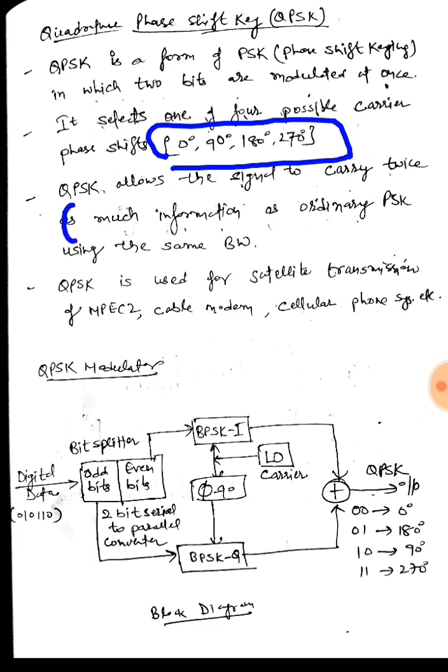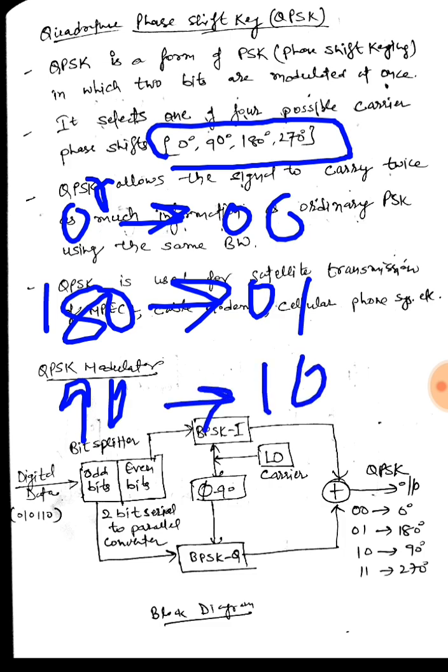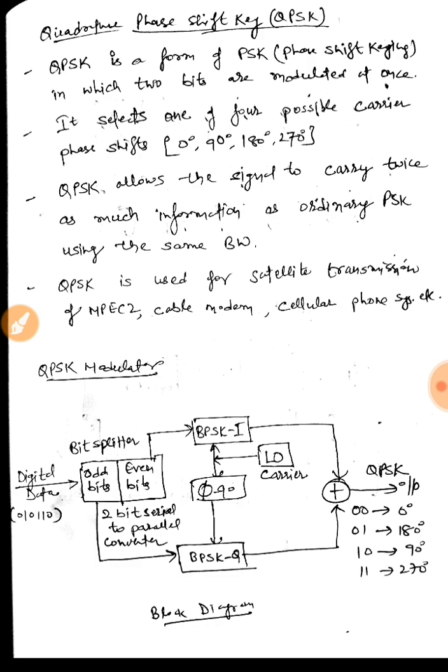That is, for 0 degree we would have 0 0, for 180 degree we would have 0 1, for 90 degree phase we would have 1 0, and for 270 degree we would have 1 1. So in this case we would have 4 phases in the modulated carrier signal, and these can be represented by a combination of 2 bits. Okay, so 2 bits will be sent at once in QPSK.